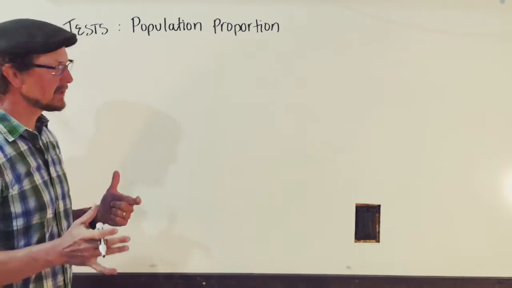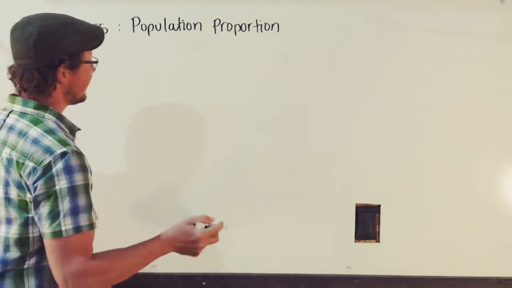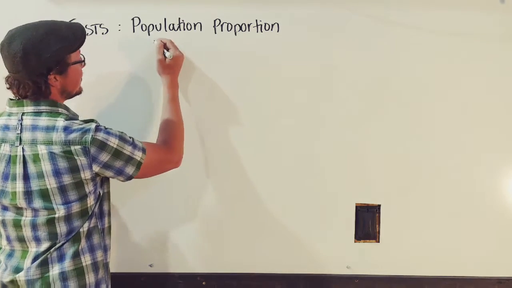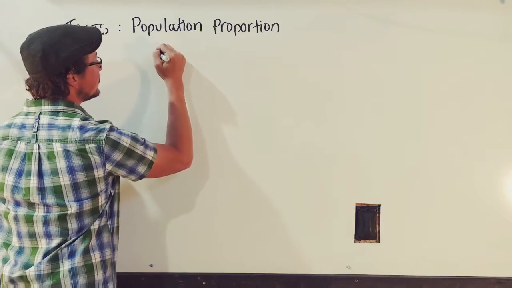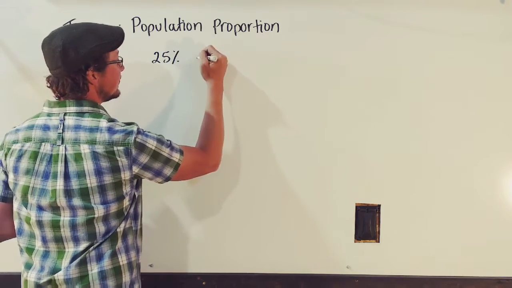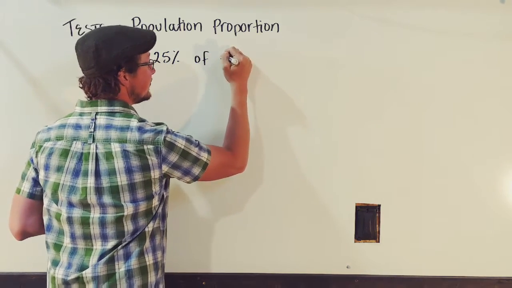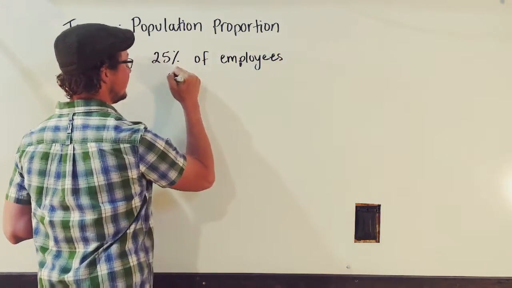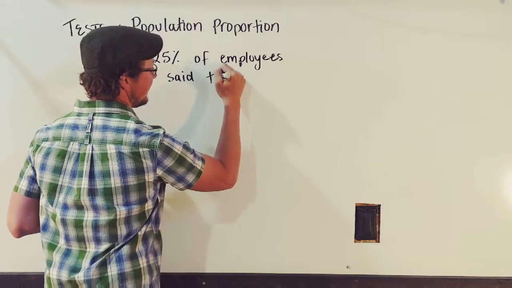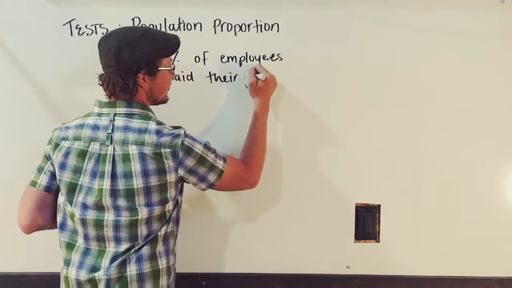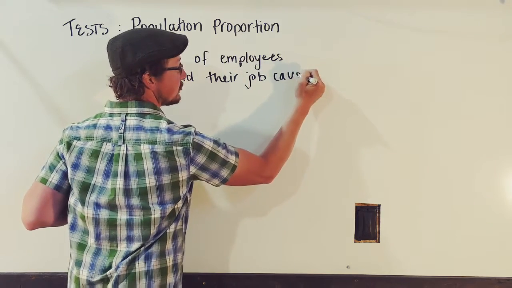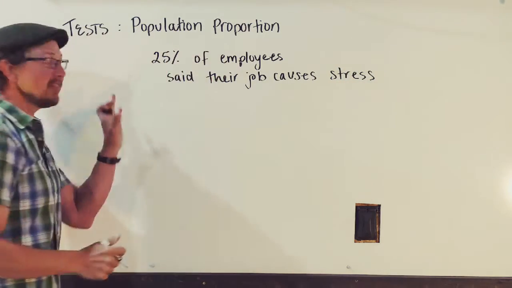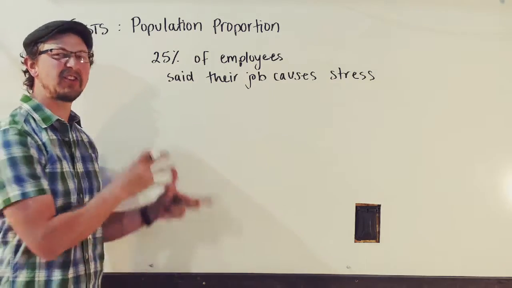So proportion, when I'm talking about proportion, I'm talking about a percentage, like if I made a statement that 25% of employees said their job causes stress. Well, this is a proportion. This is what we're going to test, this claim.